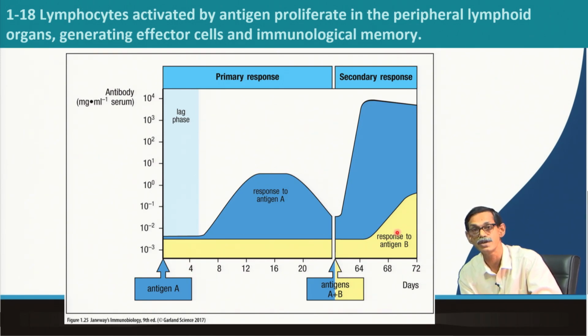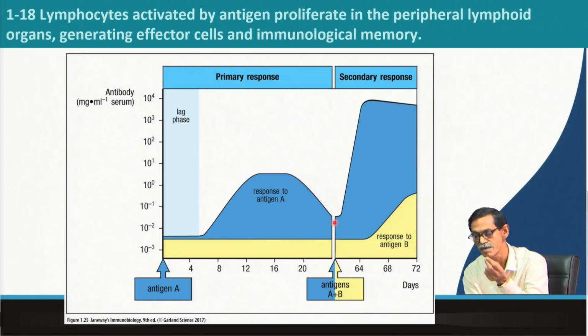What are we doing in immunization? We are giving our body exposure to the antigen for a primary response. In the primary response, the body sees it, it takes time, and makes a specific antibody. What is going to happen when it is going down? It is never going to come down to the basal level. Some of the B cells will convert to memory cells.